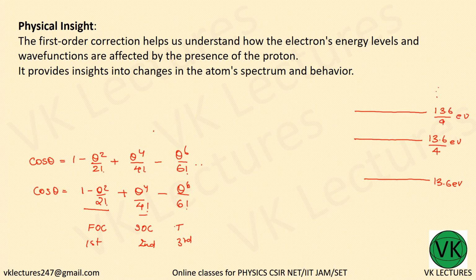A small addition of perturbation may give rise to some other value. Let's say, for example, 13.62 electron volt. Corresponding to that, there will be a small change occurring here as well as here.